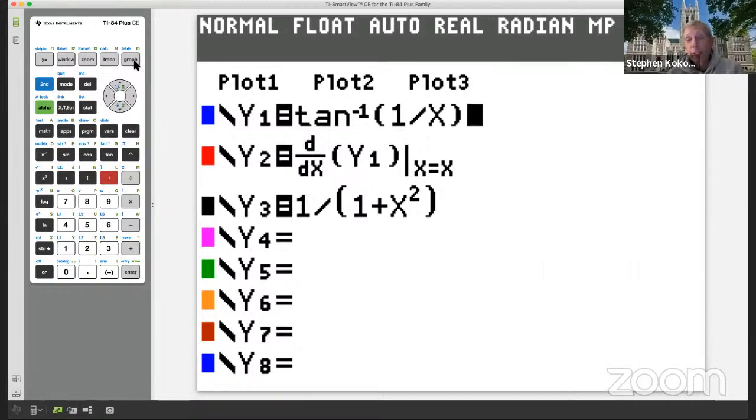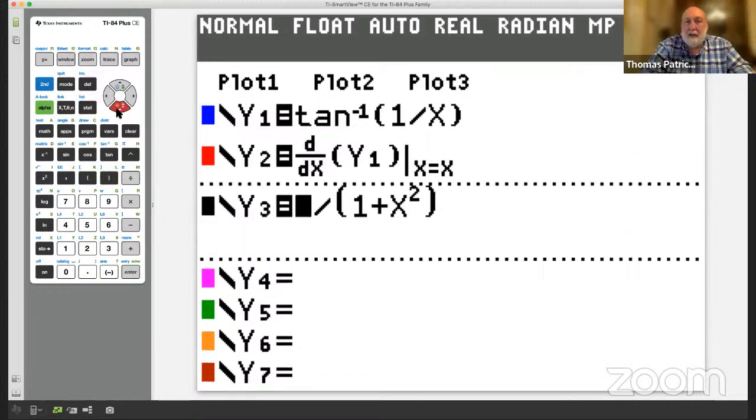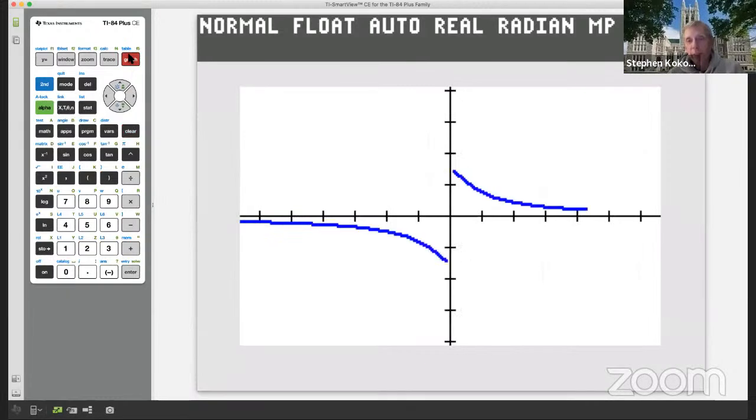Maybe there's a relationship here. I'm going to turn off Y3. Turn off Y3 would be fine. Okay, let me clear it and let's graph it.